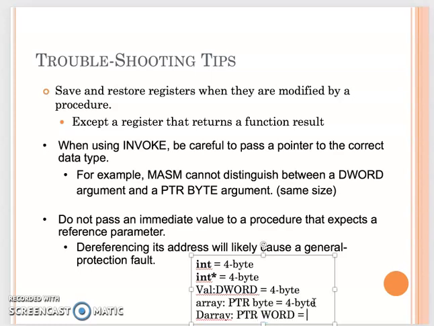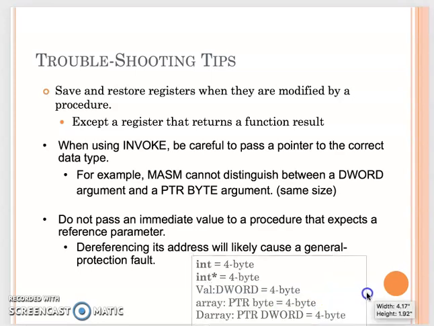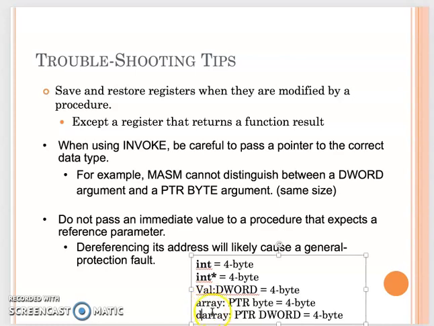But the same thing, even if you say you want a byte array or a double word array, as long as they are a reference, in a 32-bit environment, they are all 4 byte. So MASM cannot really distinguish between these two data references because they are all memory locations.